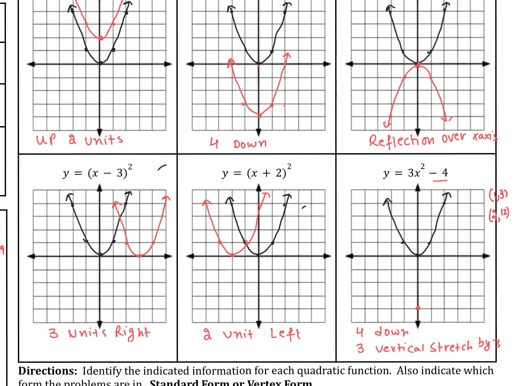So from this one you go over 1 up 3, and from the next one over 2 up 12, so the graph is going to stretch vertically and it's going to look like this.